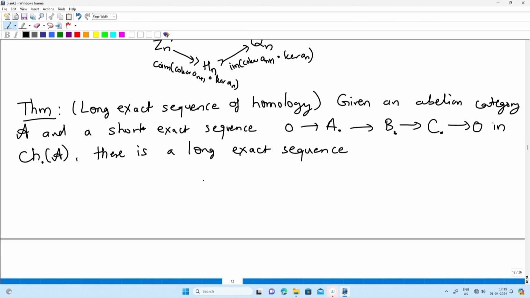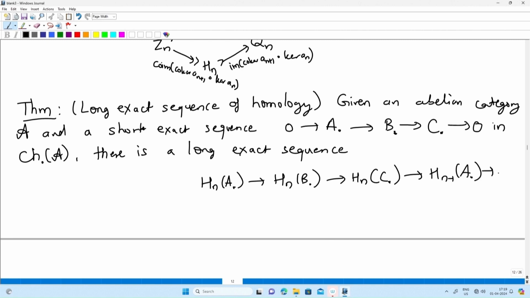What happens here? We have Hn of A dot, then Hn of B dot, then Hn of C dot, then Hn minus 1 of A dot, and so on, and over here it will be Hn plus 1 of C dot, and so on in the opposite direction also. So this is the long exact sequence.